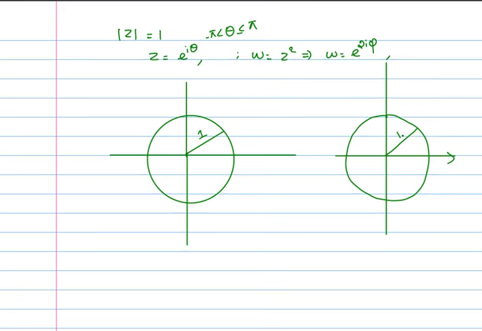Now this is not the interesting part, but if I change the center to 1, what will happen? That is mod z minus 1 equal to 1. This is the little interesting one. This is the x axis, this is the y axis.